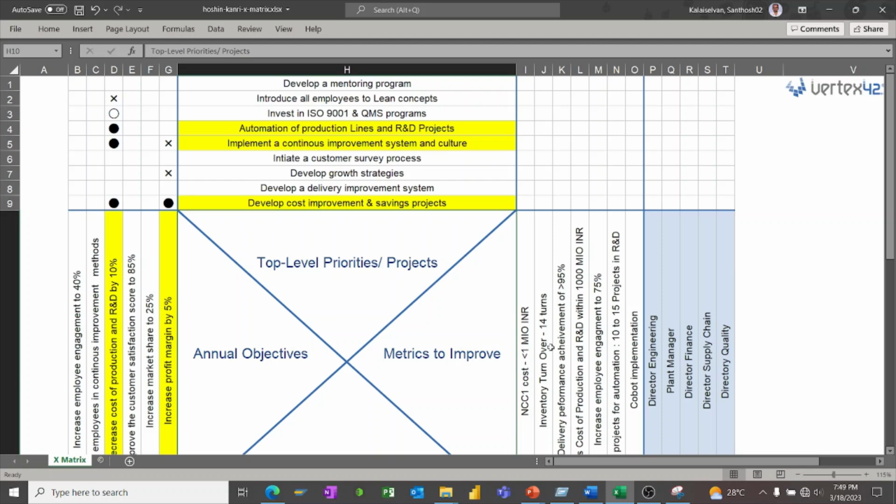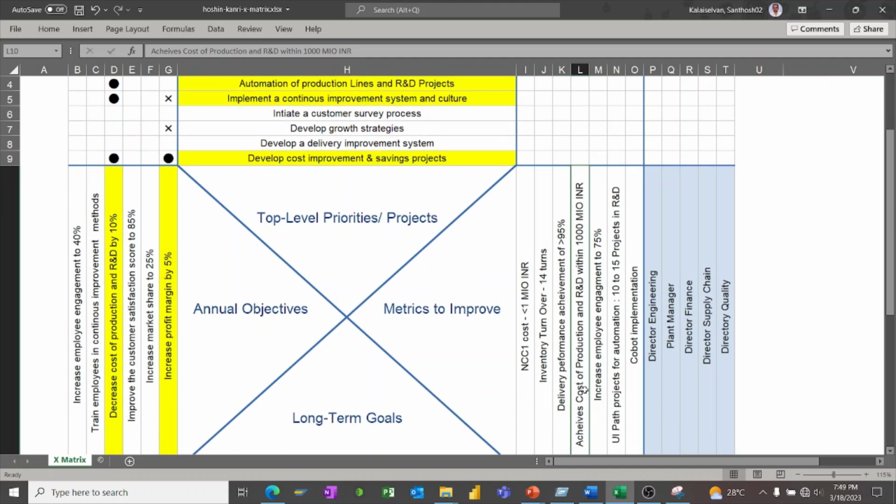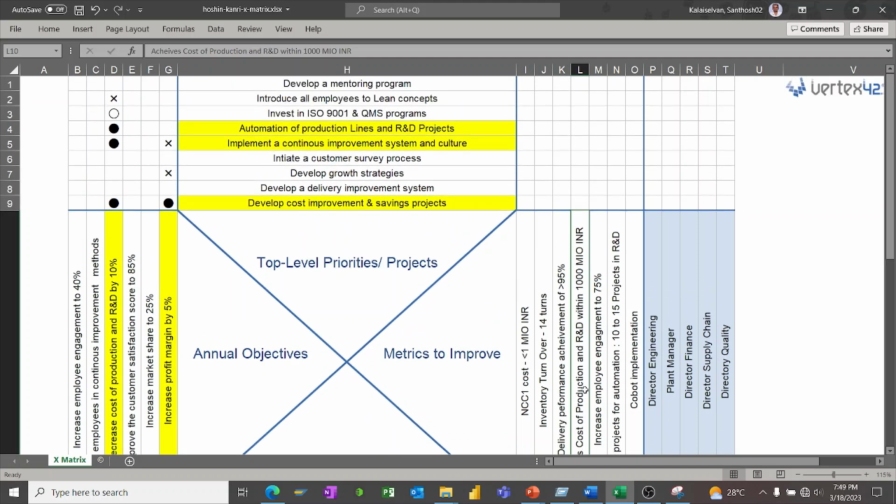So I have mentioned some of the metrics like NCC1 cost, quality cost, supply chain management, inventory turnover cost, delivery performance achievement, and achieving the cost of production and R&D cost within, for example, 1000 million INR, increase the employee engagement to 75%, projects of automation 10 to 15 projects in R&D. So these are the things which I have updated as metrics to be improved.